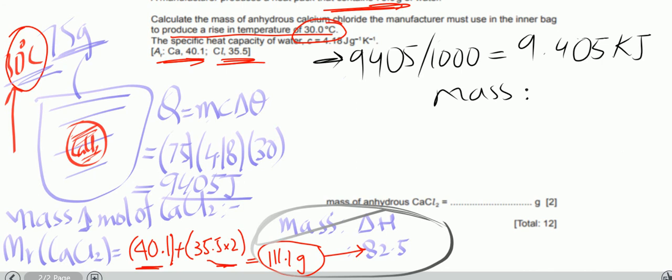So if we have 1 mole of calcium chloride, like we do in our equation where we get our enthalpy change of solution, 1 mole has a mass of 111.1 grams, and we get an enthalpy change of 82.5, correct? But over here, when we have 75 grams of water and a 30 degree Celsius rise, then we don't get 82.5 kilojoules.